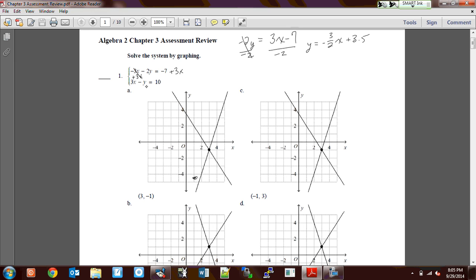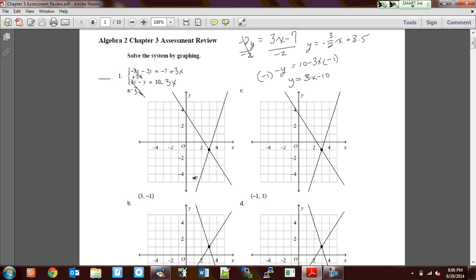And then the other one, minus 3x, minus 3x. So we have -y equals 10 minus 3x. Multiply both sides by -1 to get rid of the -y. So it's going to be y equals 3x minus 10.